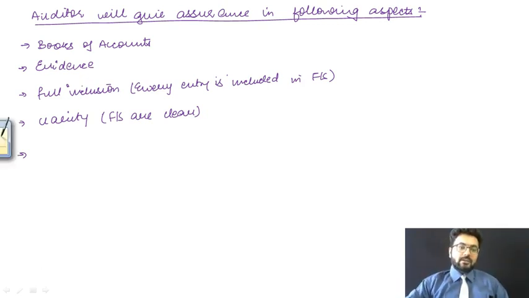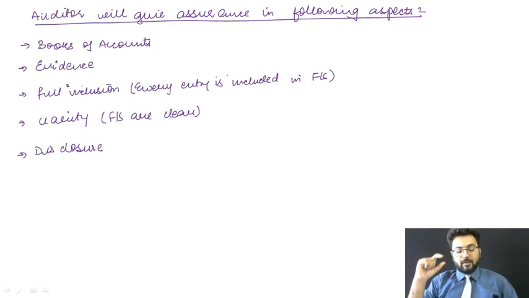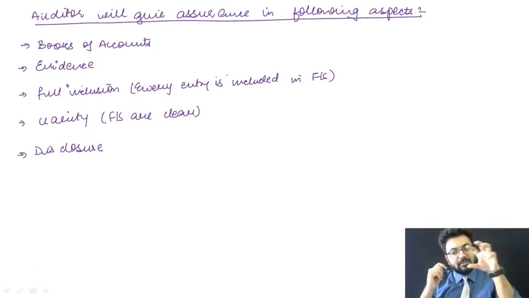After that, talking about the disclosure. What kind of disclosures are over there? Whatever the amounts, they should be properly classified as per the exact accounting standards. You have covered the accounting standards, and the company is following the exact accounting standards properly.